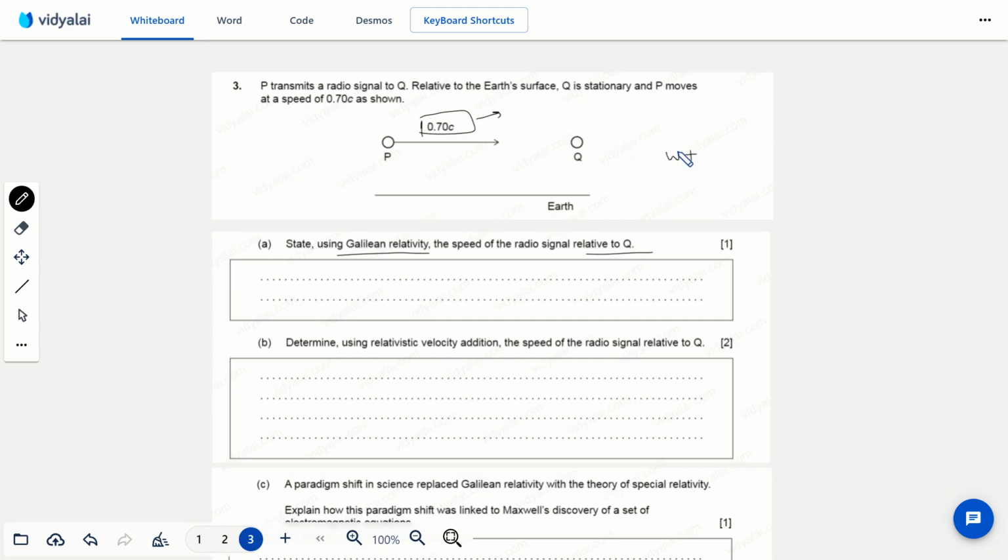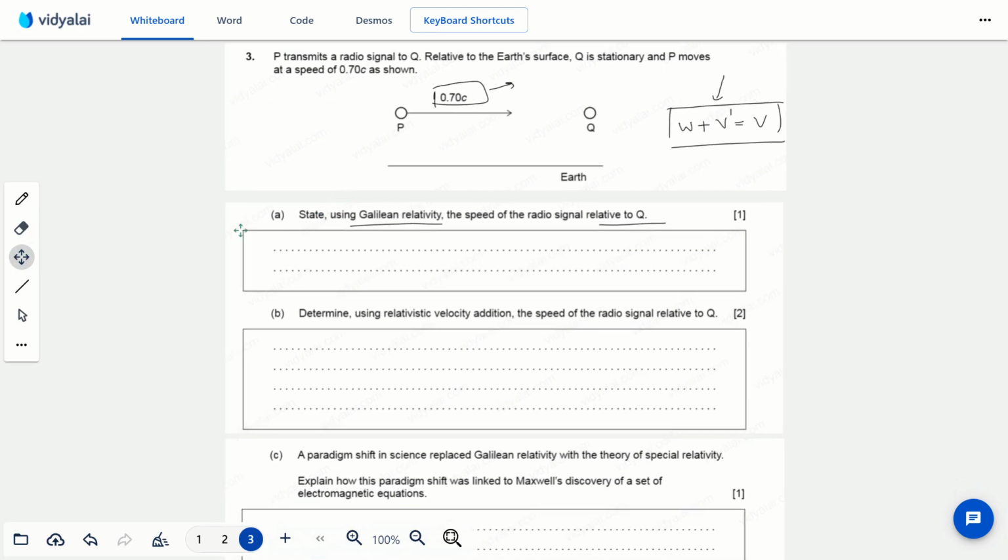If W is the velocity of the moving frame, and if V prime is the velocity of the object as seen from this moving frame, the velocity of that object as seen from a rest frame is the sum of the velocity of the object and the frame itself. This is also known as the theorem of addition of velocities in Galilean relativity. So using that, we can find out the velocity of this radio signal as seen from Q.